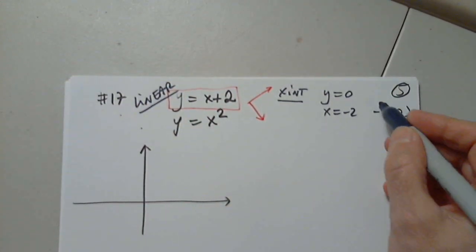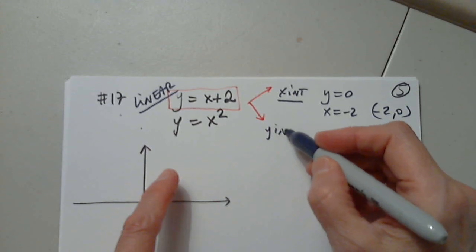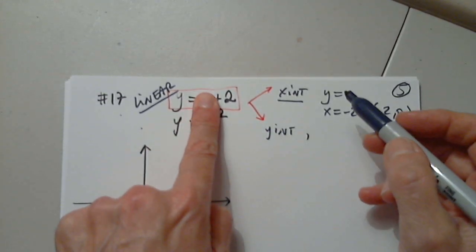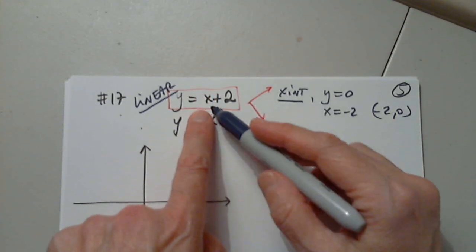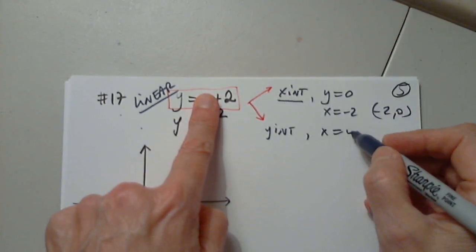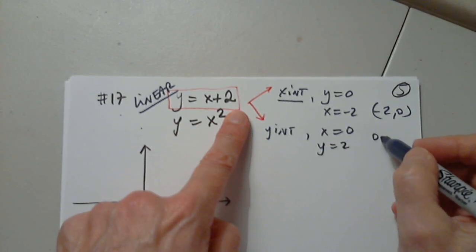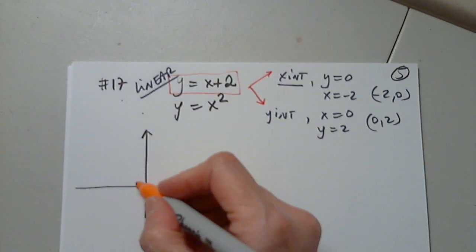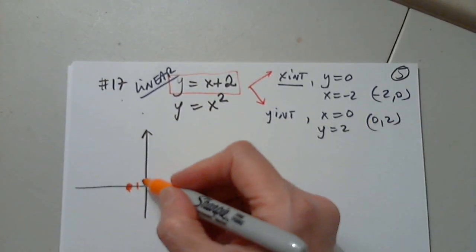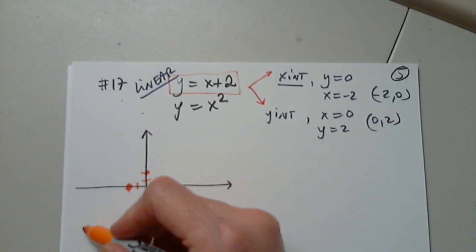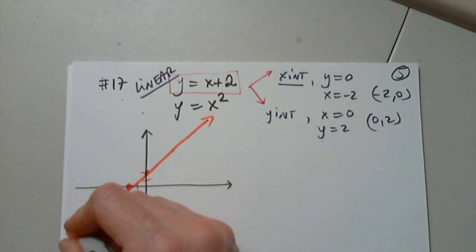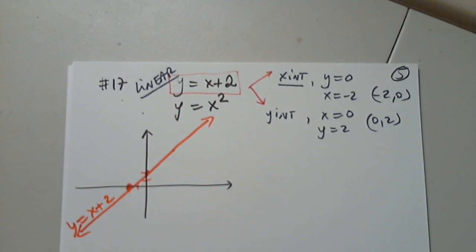So -2, 0. Awesome. How do I determine the y-intercept? I make x equals 0 and I get y equals 2. So 0, 2. I'm going to plot and graph -2, 0 and 0, 2. So this is y equals x plus 2.